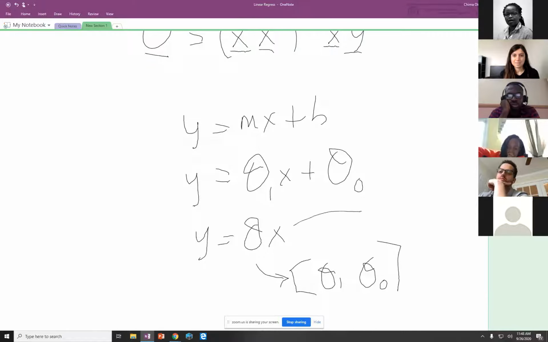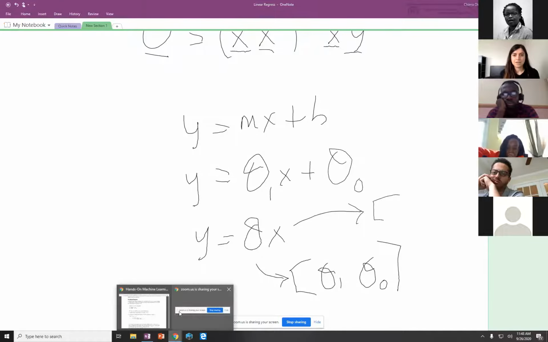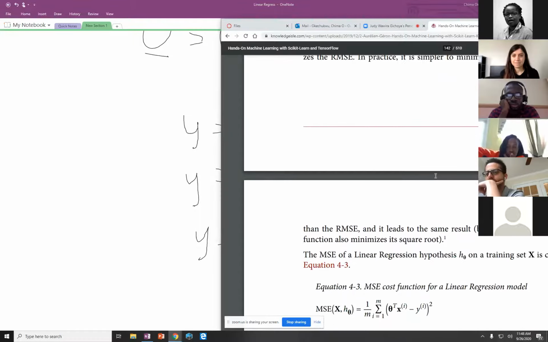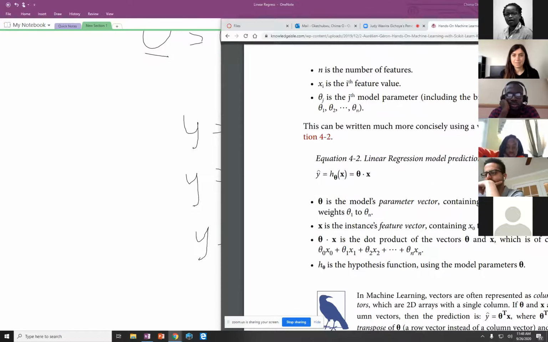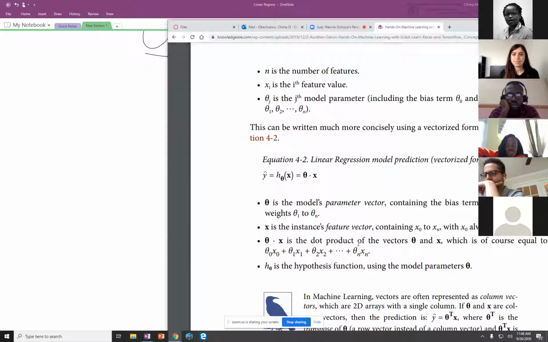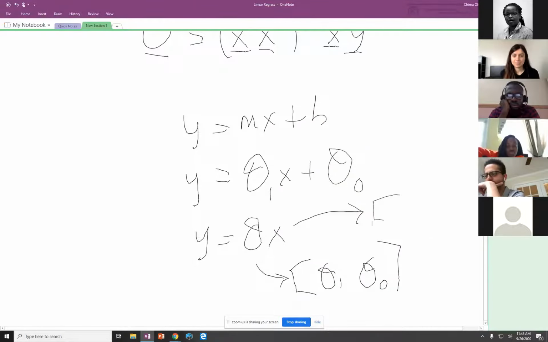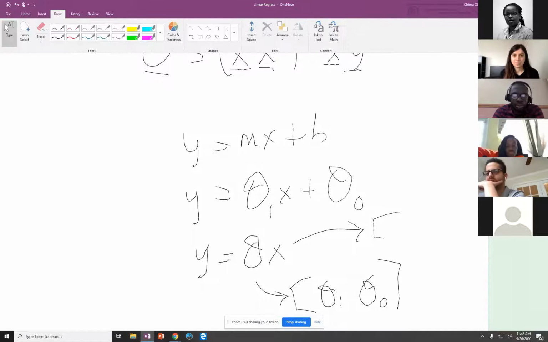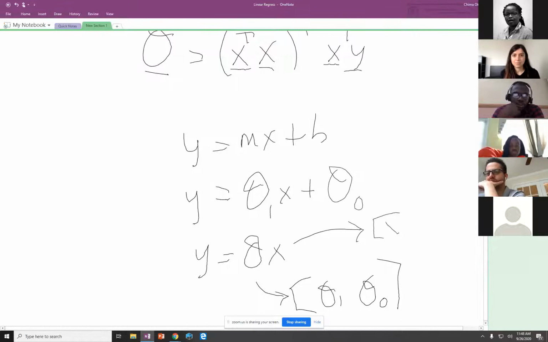And X represents the matrix of all the features, x1 and x0. But we don't actually see x0 because x0 is 1.